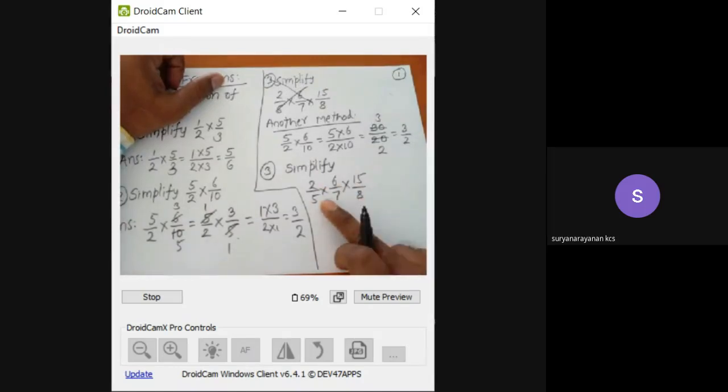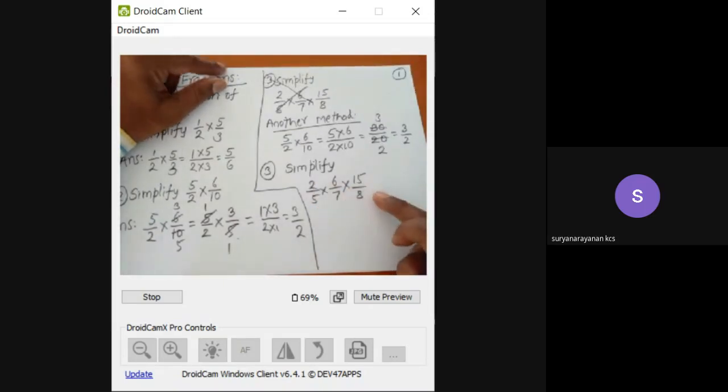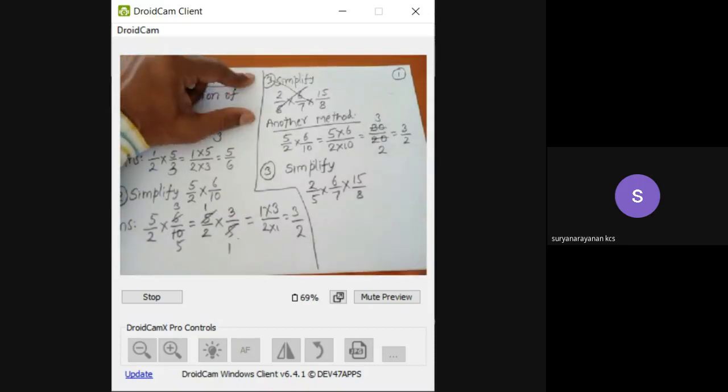We are multiplying here 3 fractions, namely 2 by 5, 6 by 7, and 15 by 8. Okay, my children. So which method is comfortable to you? First method, this one, or this one?